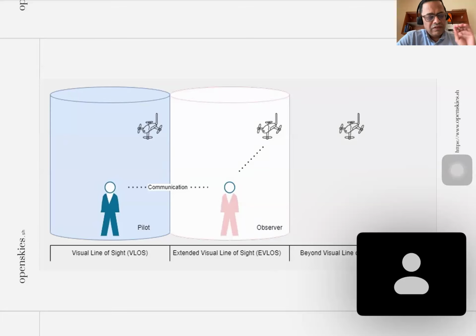So aviation for the past 100 years has built all kinds of processes, all kinds of methods to ensure safety. And Elsa can talk and many other people can talk about it in great detail, but the gist of it is that the safety relies on some kind of human checking, verification, intervention, and so on.